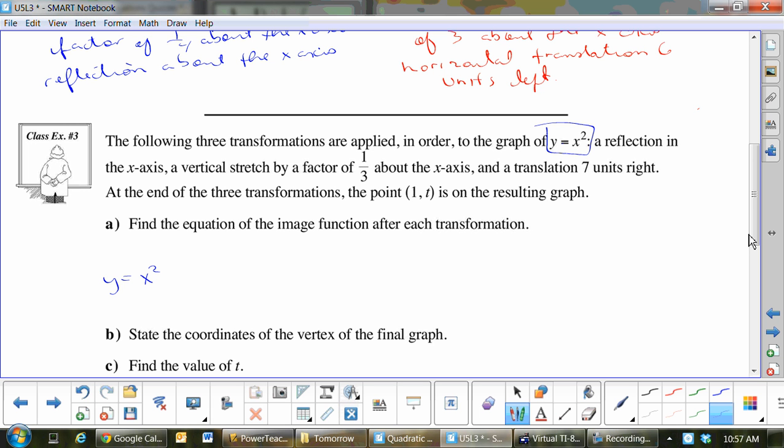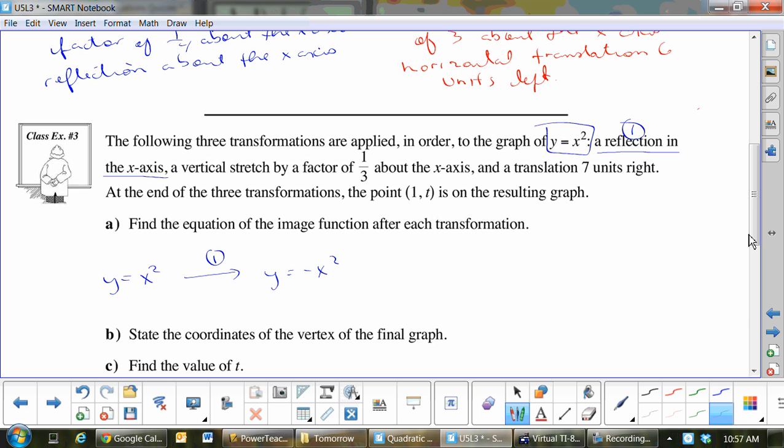The first says a reflection in the x-axis. What would this equation look like if I did that? Okay, hands up. Yes. Good. So if this was number 1, put a number 1 there. If I did number 1, I will get y equals negative x squared.